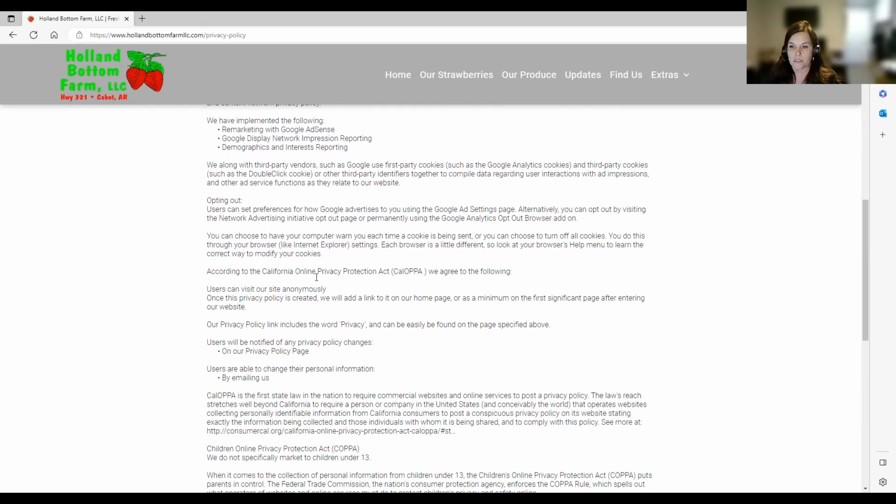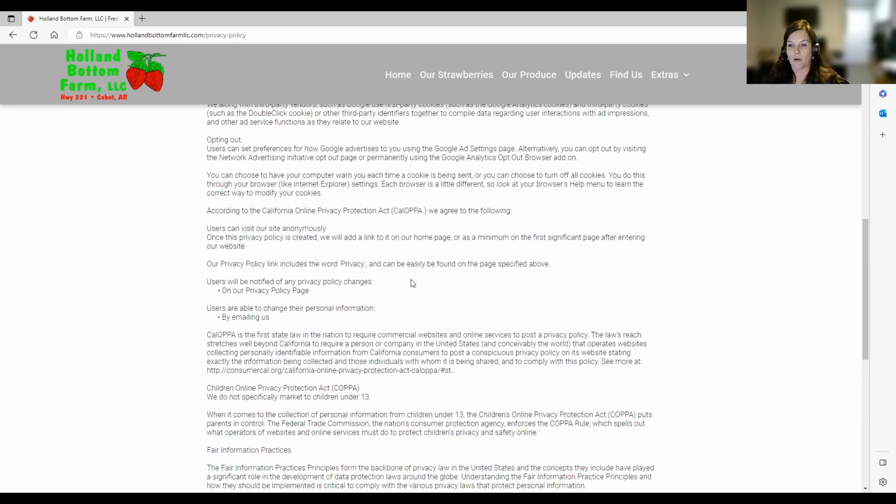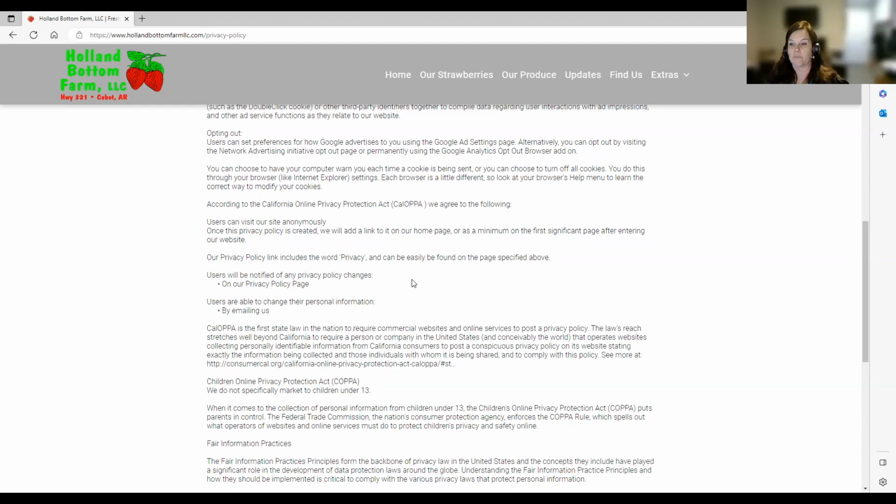And it even mentions the California Online Privacy Protection Act, where they talk about the different information regarding privacy policies.